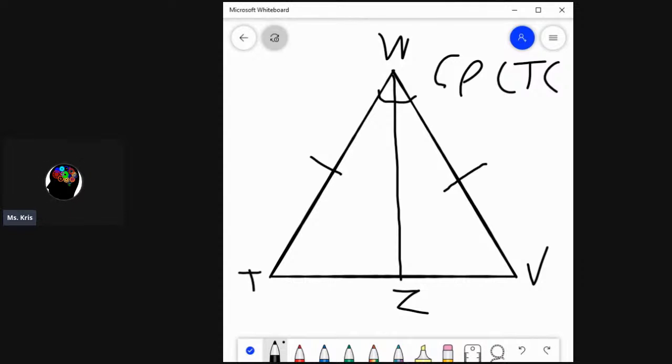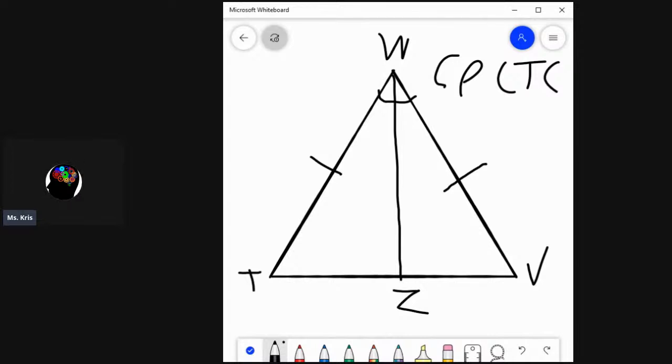Based on the definition of an angle that is separated into two congruent angles, TWZ is congruent to VWZ. So that is given, and then by definition, that is also given.